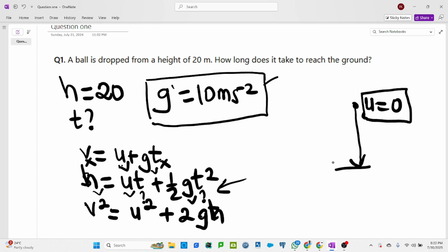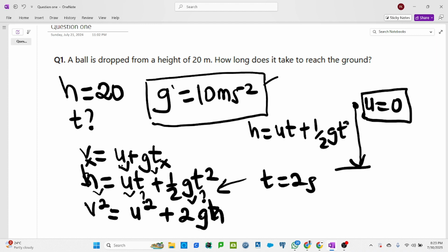T should be equal to 2 seconds. So let's see how you did it. We have H is equal to UT plus half GT squared.